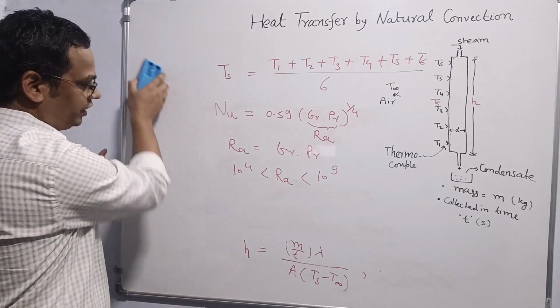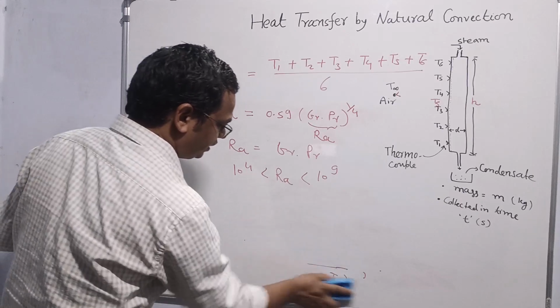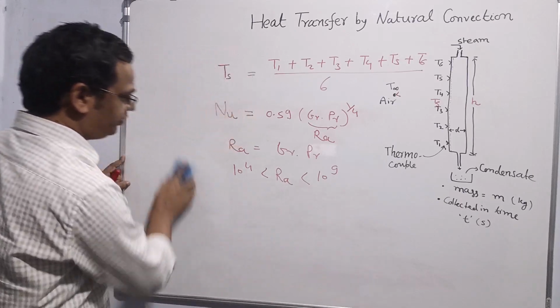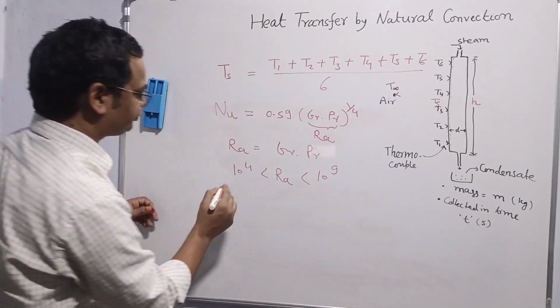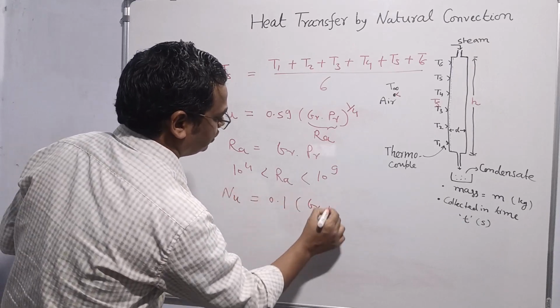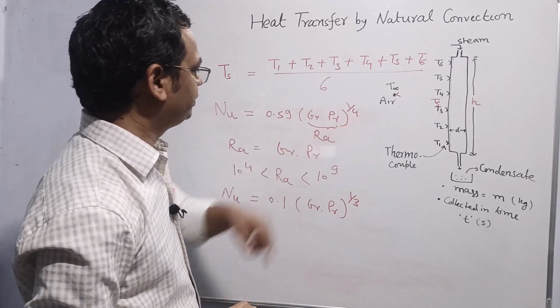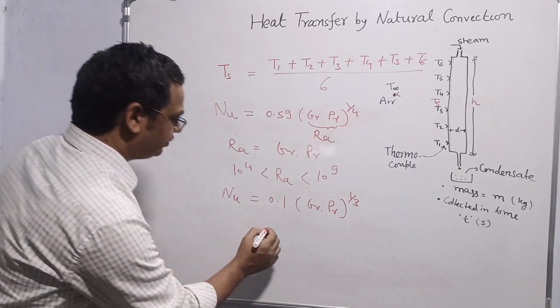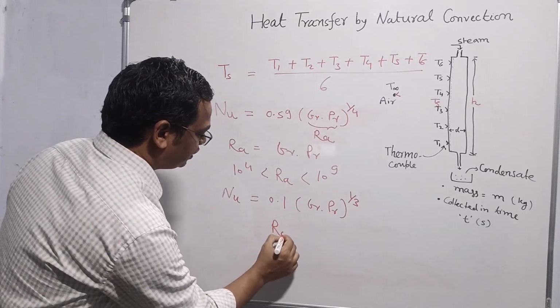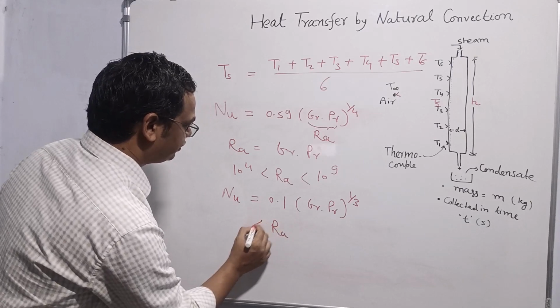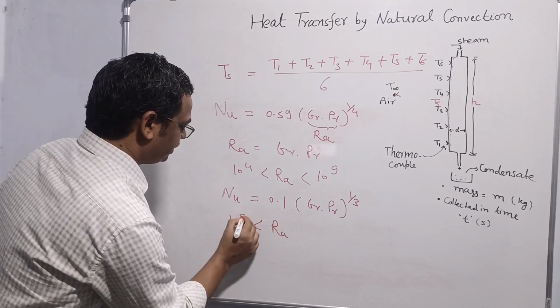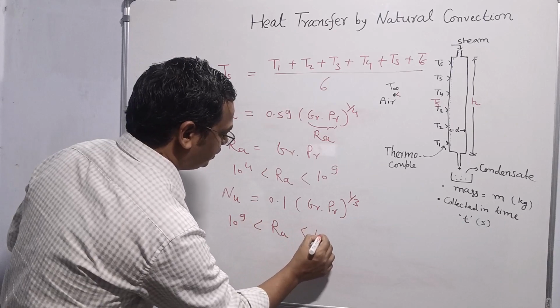If we have a turbulent flow, then we have a different correlation, a little bit different, not much. Here power is 1 by 3, here power is 1 by 4. And for this, Rayleigh number lies between 10 to the power 9 to 10 to the power 12.